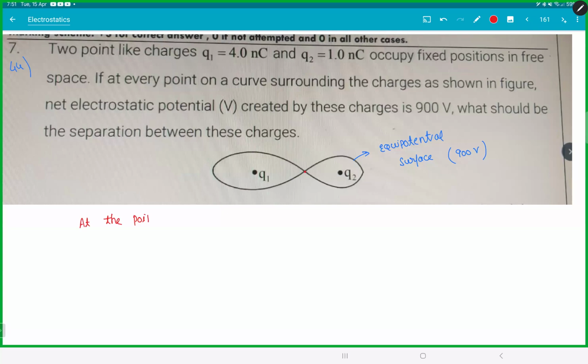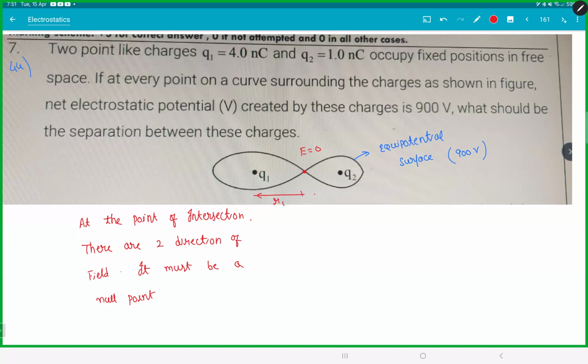That must be a null point. So at this point, E is 0.